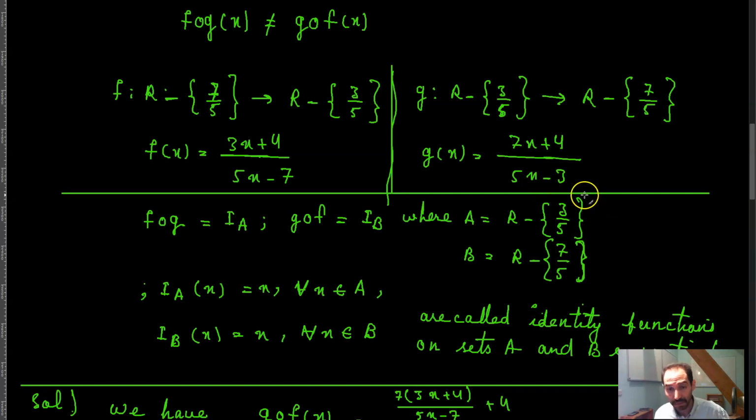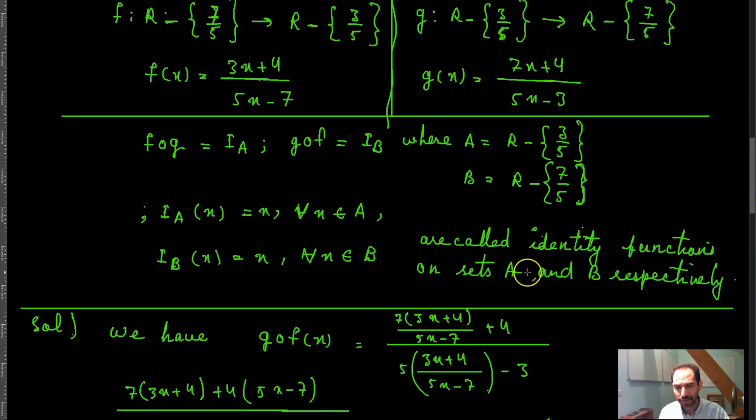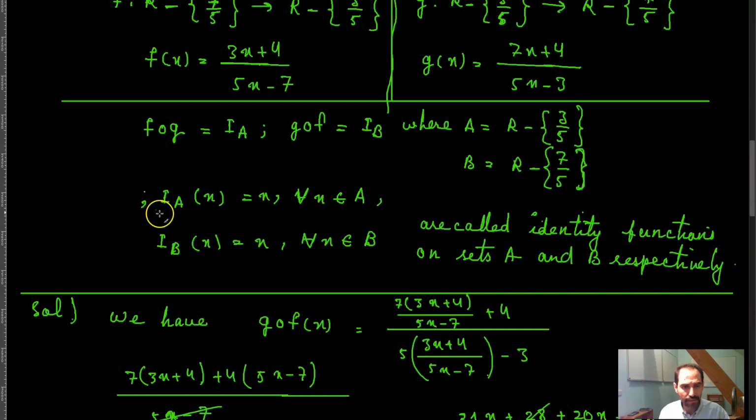We need to later find some relationship between these and see why they are called the identity functions on sets A and B. Let's see why that is the case. That is basically why we are saying here that I of A of x is equal to x and I of B of x is equal to x.